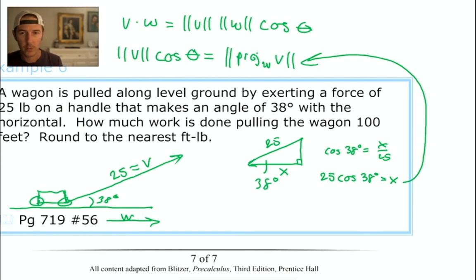I'm already at home. 25 cosine 38 equals, I got 19.7. 19.7002, please write down all of those decimals, is the magnitude of essentially w. It's the horizontal component vector. We could even label it as the magnitude of w if we want to.